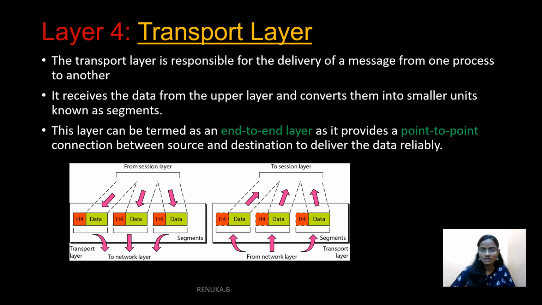It makes sure that the data arrives without any errors, in a proper sequence, and in a reliable condition. This process is termed as an end-to-end layer as it provides a point-to-point connection between the source and destination to deliver the data reliably.